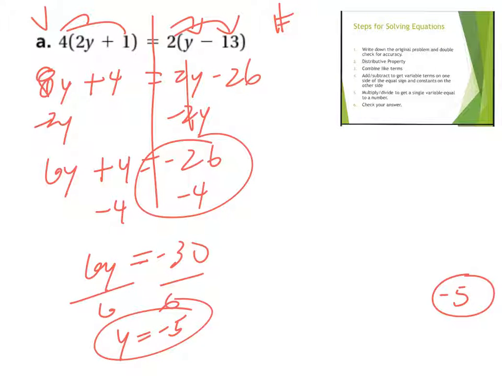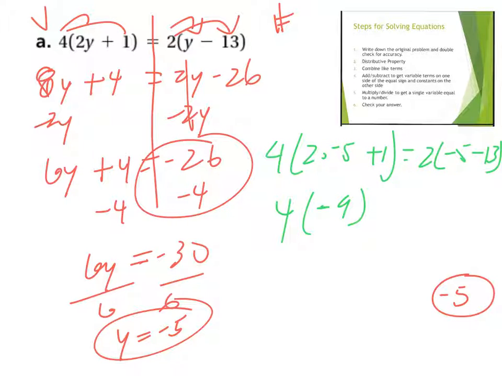And again, the check. Plug that back in. So I'm going to switch colors here. We're going to say 4 times 2 times negative 5 plus 1 equals 2 times negative 5 minus 13. So on the left side, 2 times negative 5 is negative 10, plus 1 is negative 9, right, times 4.